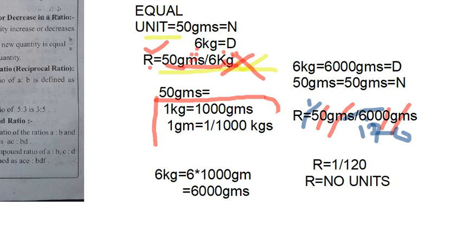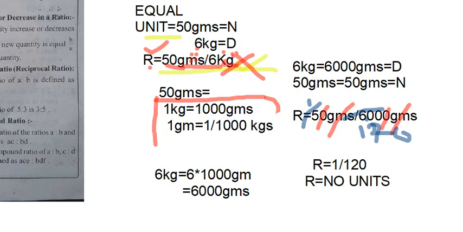Why no units? Because the grams in the numerator and the denominator cancel. When these two terms are cancelled, the ratio has no units. That should be clear.